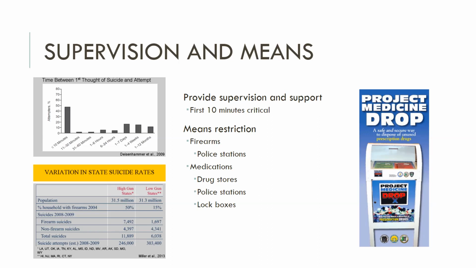High gun states were states in which 50% of the households in the state owned firearms, and low gun states were states in which only 15% of households owned firearms. And then also states were chosen such that the total number of people living in the two groups of states were even. So we had an even sampling across the two groups. We had a population of about 31.5 million people in each of the groupings.